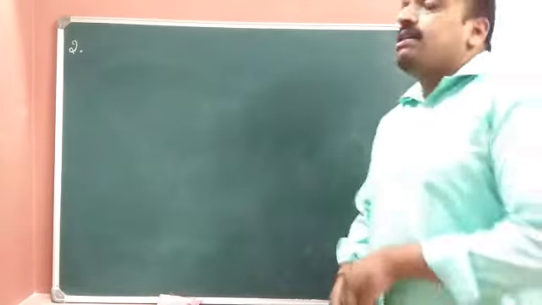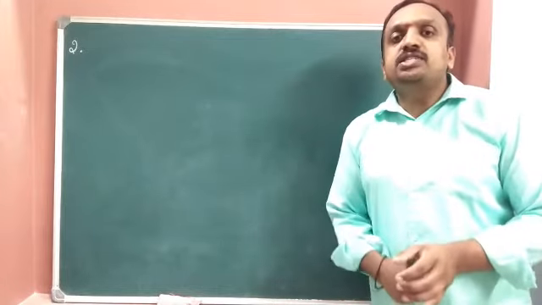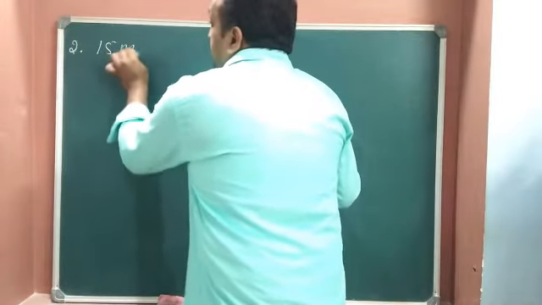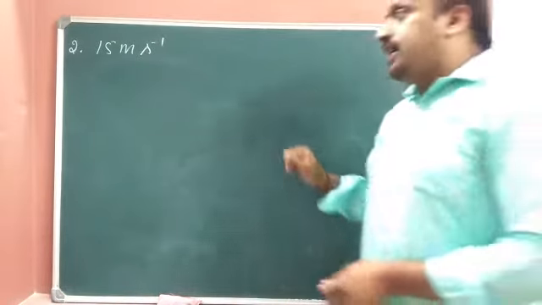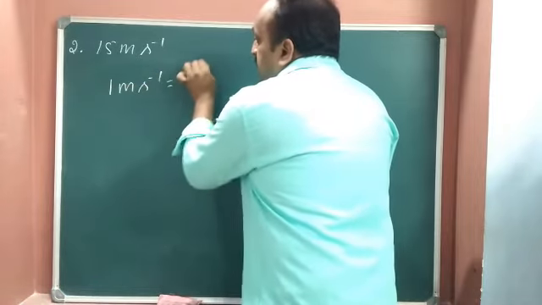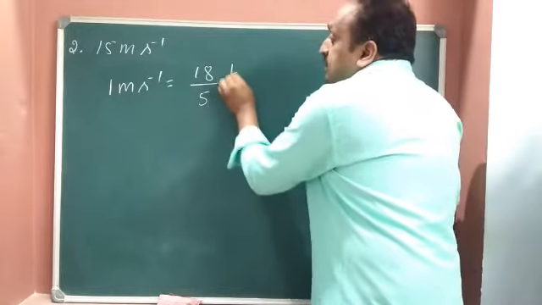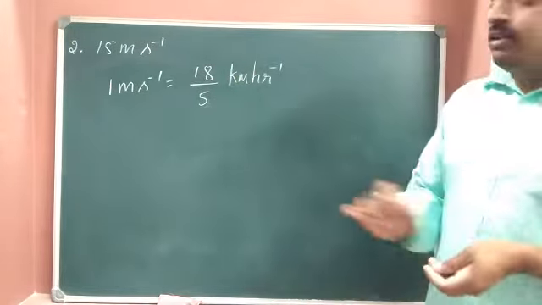Second one, express 15 meter per second in terms of kilometer per hour. Here they had not specified anything, they just said 15 meter per second in terms of kilometer per hour. Write down: 1 meter per second will be equal to 18 by 5 kilometer per hour. Reverse of it. That's all.